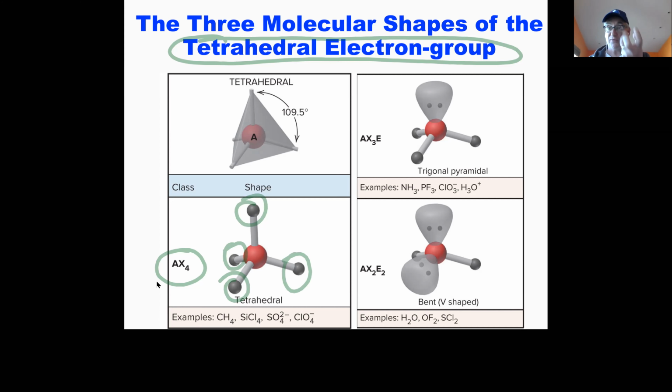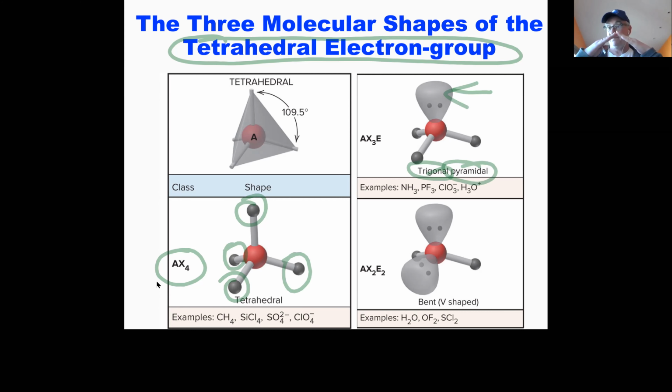When I have something with three atoms around it and a lone pair, remember, I can't see the lone pair. It's helping determine the shape, but you can't see it. And so it looks like you have trigonal again because there's three atoms around it. But this time it's not flat. It's not planar. It's a pyramid shape.